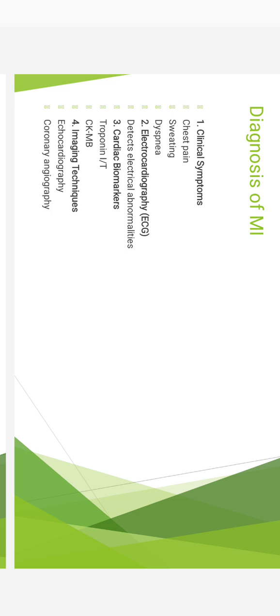Another important component is cardiac biomarkers, especially troponins, which increase in blood following myocardial injury. Next, imaging studies such as echocardiography and coronary angiography may also be used to assess cardiac function and identify arterial blockage.